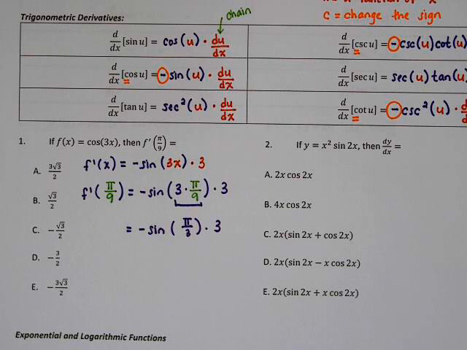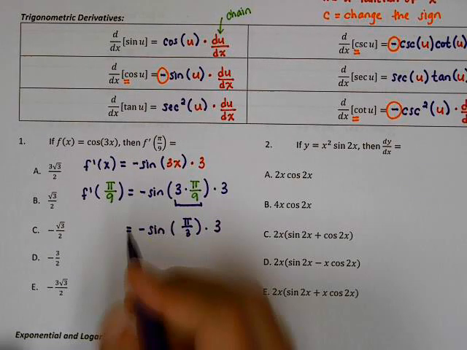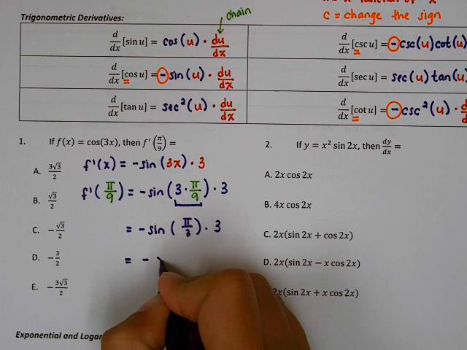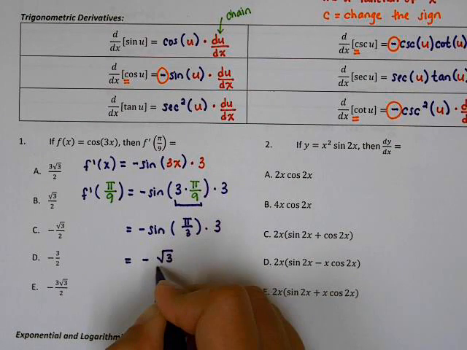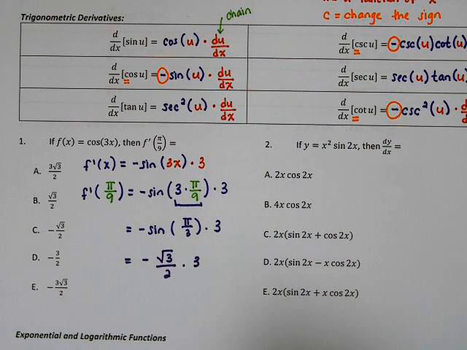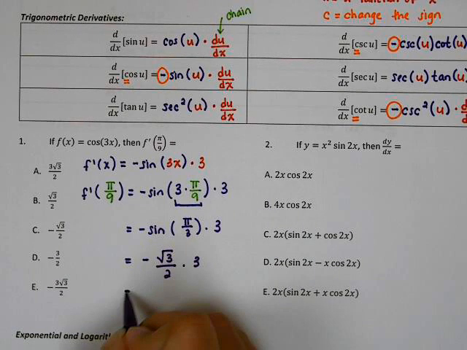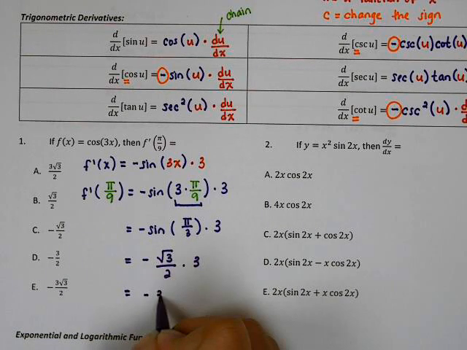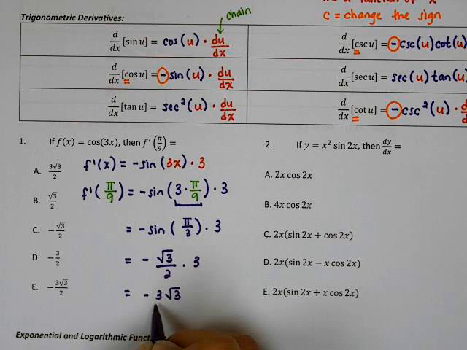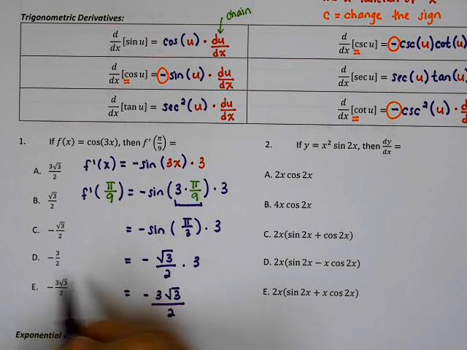If I think about my unit circle, the sine value at pi over 3 is the square root of 3 over 2. So if I simplify this, I would have negative 3 square roots of 3 all over 2, which is option E.